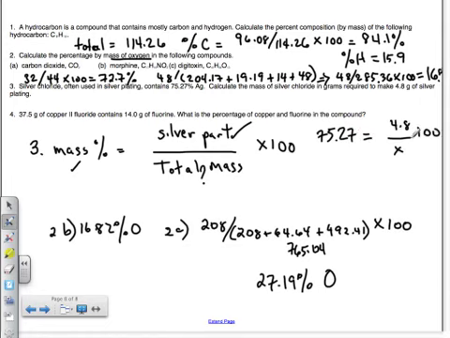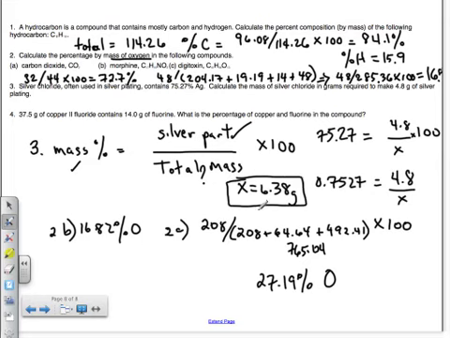If I take the 100 to the other side, 0.7527 equals 4.8 over x. Cross multiply and divide, and essentially you're going to take 4.8 and divide by 0.7527. And you get 6.38 grams, all right, for 3. So write down the expression and then start checking off the things you know.